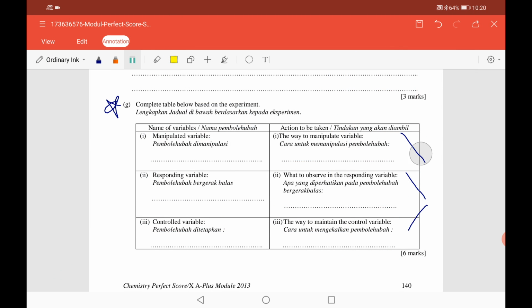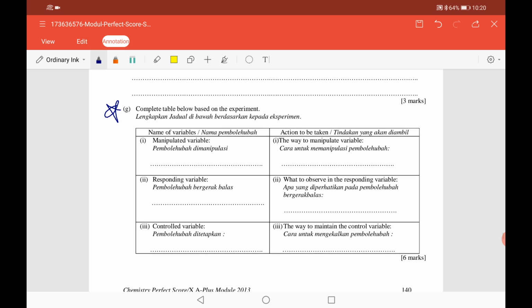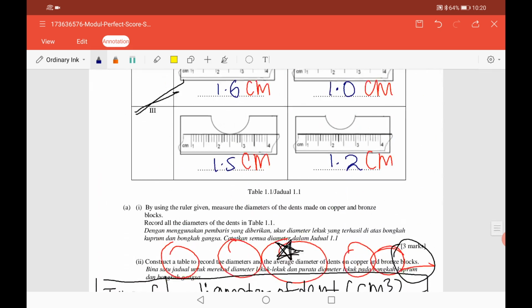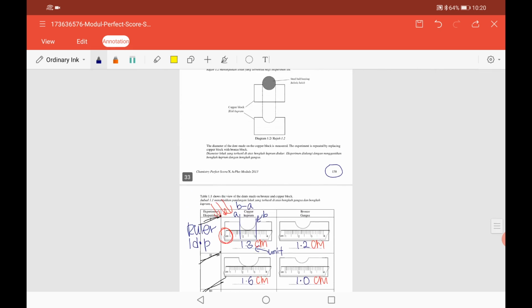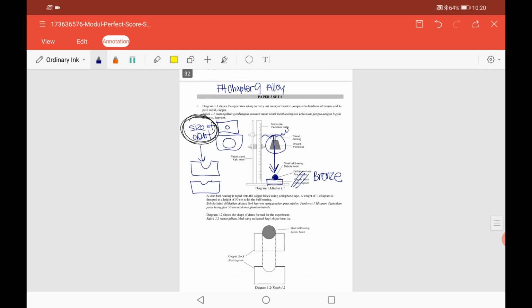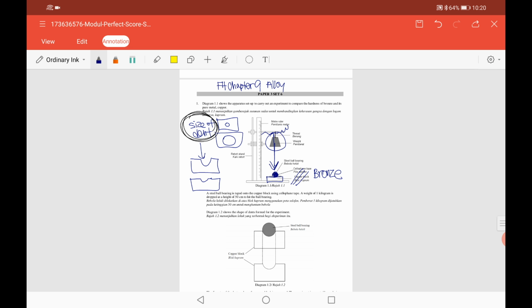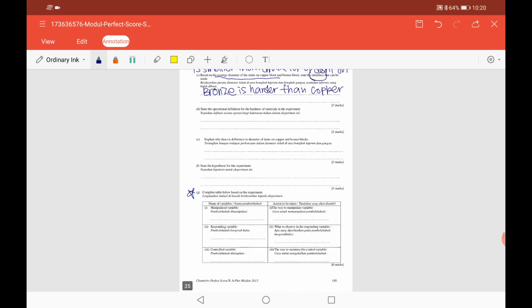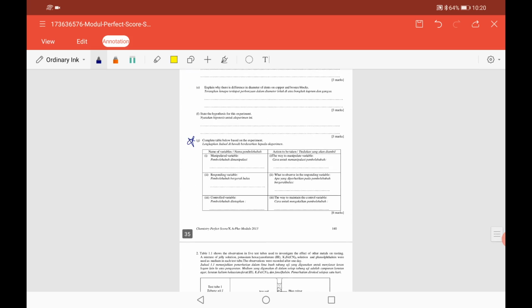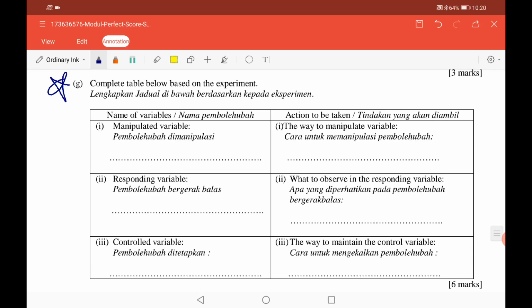On the left hand side, we must be able to identify our variables. So what is the manipulated variable? In this experiment, what we are changing is the bronze and also the copper. Many people will write "type of block", which is okay, but the word "type" is not accurate enough.